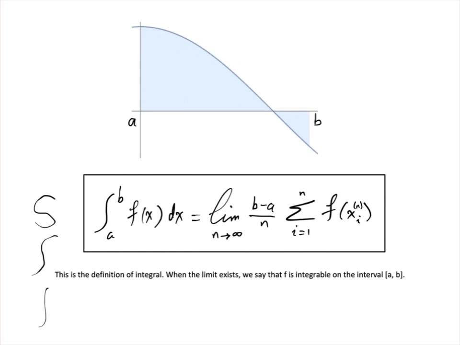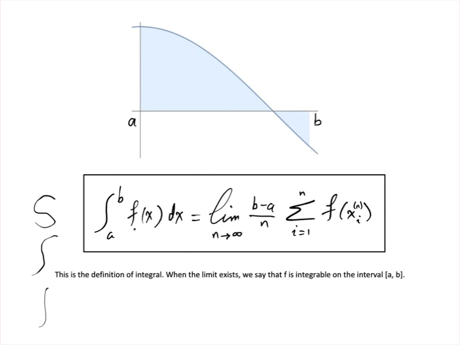And in the notation, notice that we have f of x times dx. dx really is the limit representation of delta x. Delta x is specific to what n is, but this dx in the limit, we call infinitesimal.